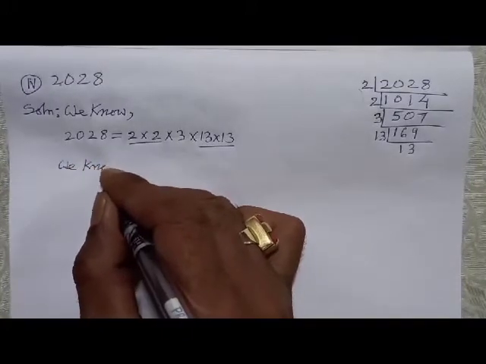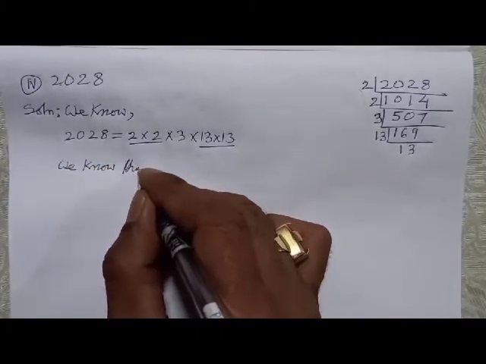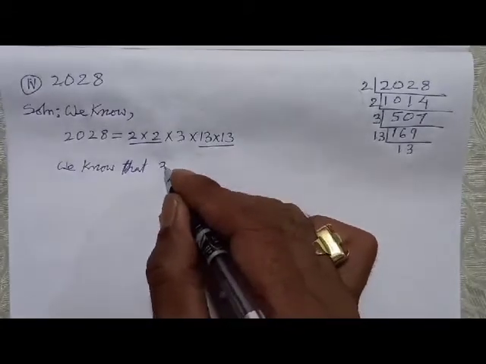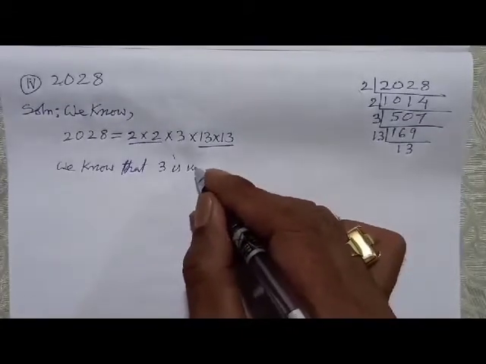We know that this number 3 is unpair. 3 is unpair.